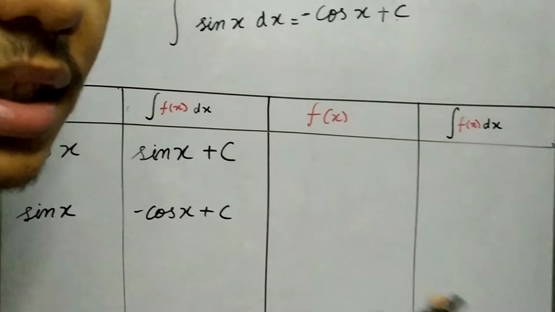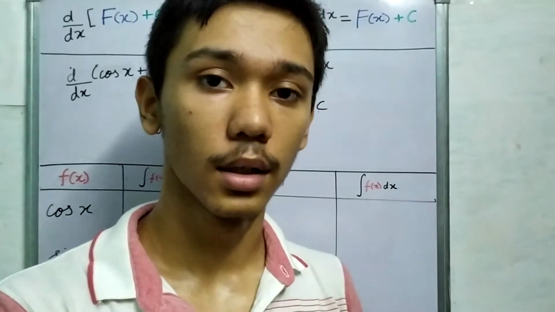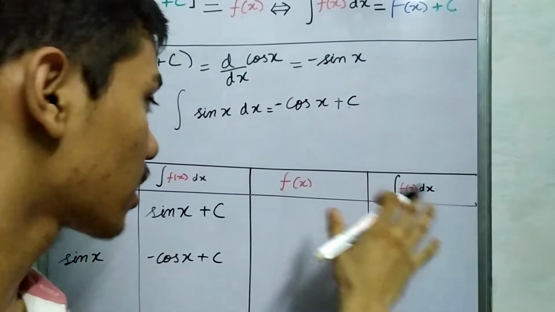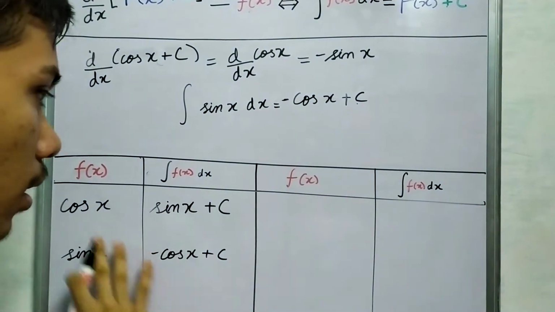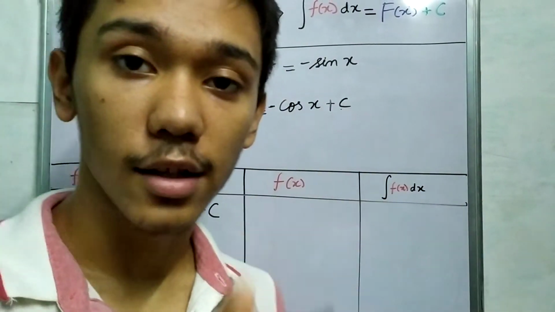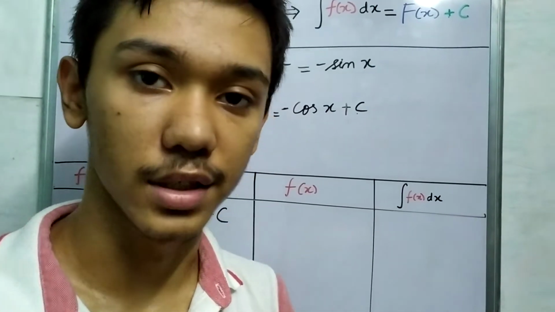Now using exactly this same method, and if you remember the table for derivatives, you can easily construct the table for the antiderivatives. I'll show you all the antiderivatives of trigonometric functions.